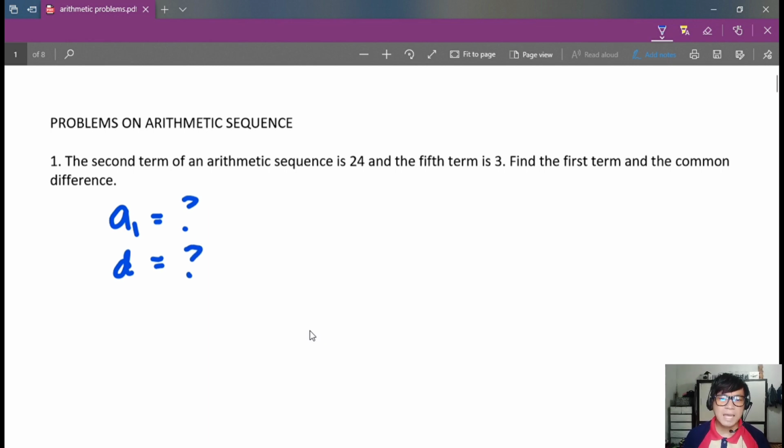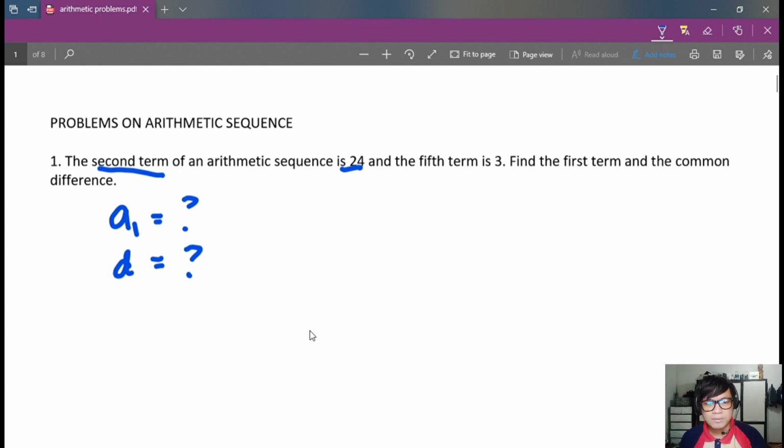So we will get information from this one. The second term natin is given. Ang second term natin is 24. So in my case, para mas madali ko siyang maintindihan, ini-illustrate ko siya para ma-visualize natin ano yung itsura ng problem.